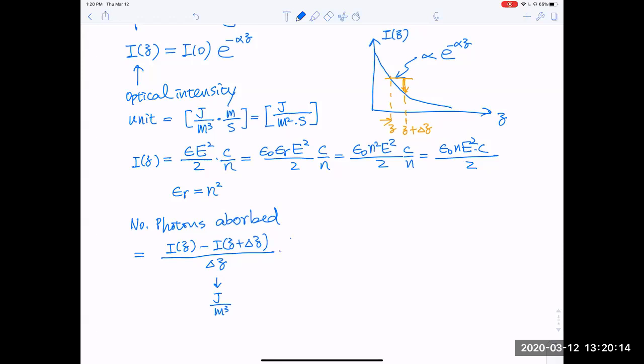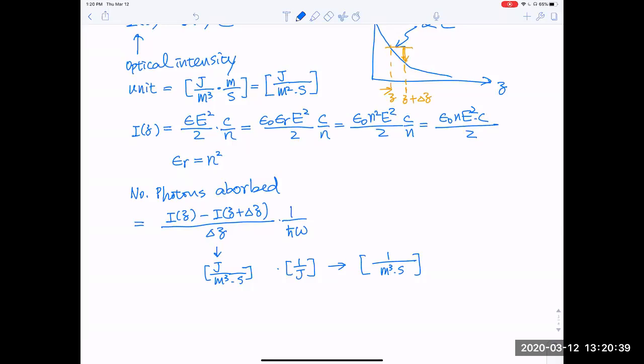So we normalize this to photon energy, h bar omega, okay? So this is per second here, multiplied by 1 over joule. So the unit is dimensionless, basically meaning the number of photons per meter cubed per second. Okay, that would be the unit here. All right.